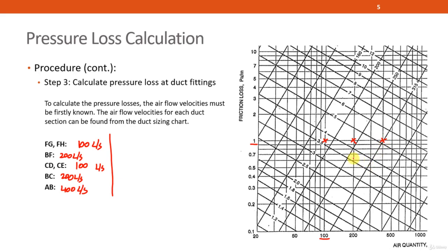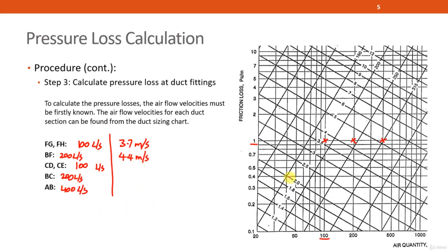Okay, so let's read off the air velocity. The smallest duct section is between 3.5 and 4, so it's around 3.7 meters per second. For the 200 liters per second section, it is between 4 and 5, so maybe around 4.4 meters per second.